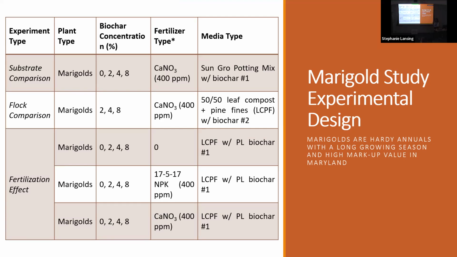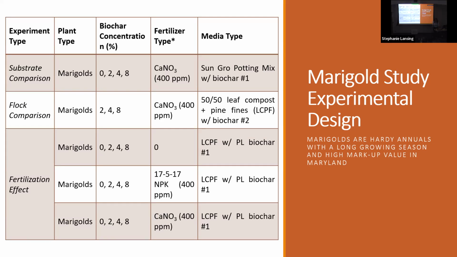Marigolds are very common, very hardy, with a high markup value in Maryland and the general DMV area. By including not just various biochar concentration rates of 0, 2, 4, and 8%, we're also including additional fertilizer types.